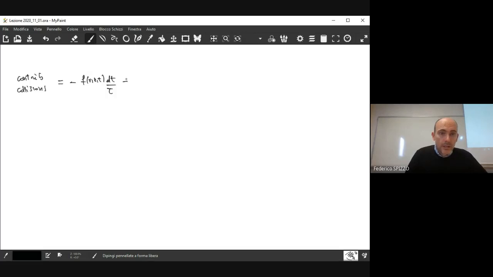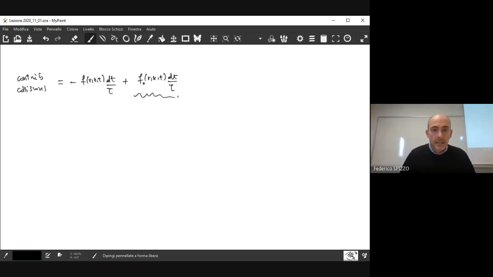Then the problem was to evaluate the contribution of all the other electrons that suffer a collision in some place, at some values of k, and then appear in the r, k, t position. What we saw is that this additional contribution can be expressed as f0 of r, k, t times dt divided by the relaxation time.